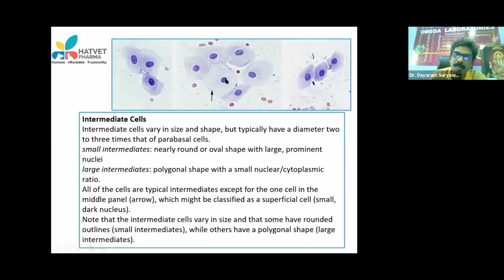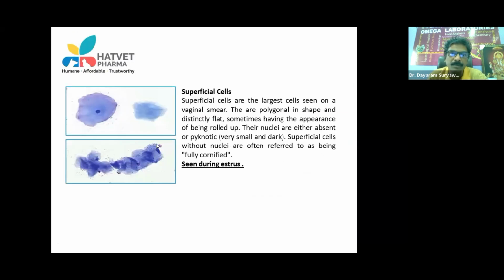The size of the nucleus here is smaller compared to all these cells, so that's why it is an intermediate type of cell. Note that intermediate cells vary in size: some are rounded while others are polygonal. Here you can see the polygonal ones and some rounded ones, and we can observe the nucleus in the intermediate cells.